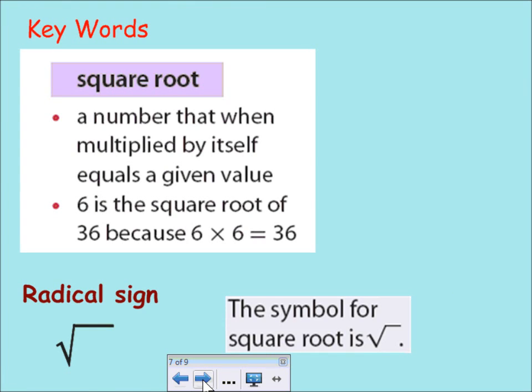If we wanted to find out the square root of something, it's basically going square backwards. So if we have 36 and we want to find the square root, that's what this symbol means. We have to find what number times itself equals that number. So 36 is 6 times 6.